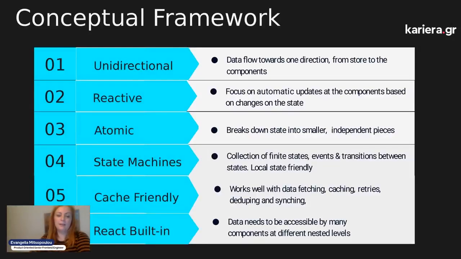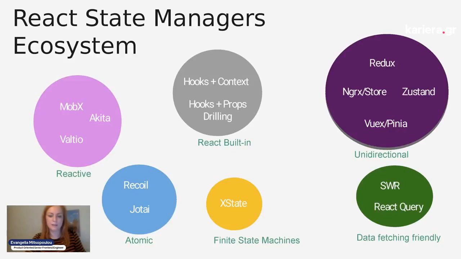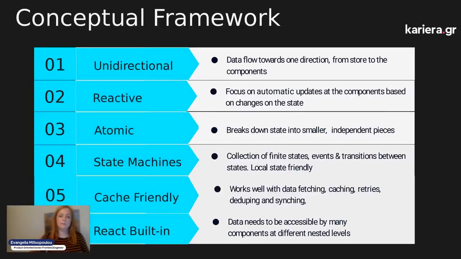Here I have grouped, I don't know how I can remove my name. Anyway, I can see the third one. Here we can see 6 categories of different mental models based on which each React state manager has been built. Let's go into one by one.